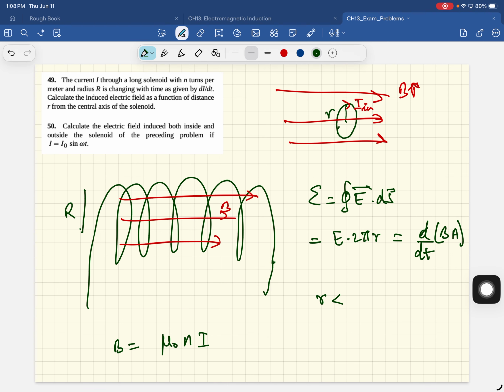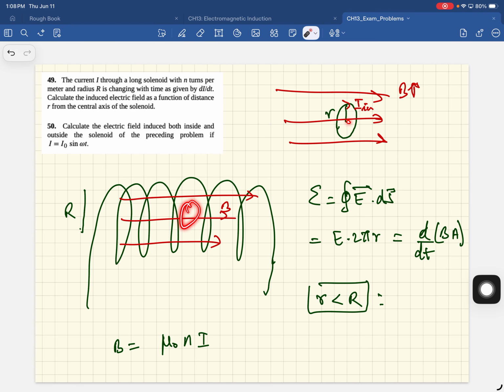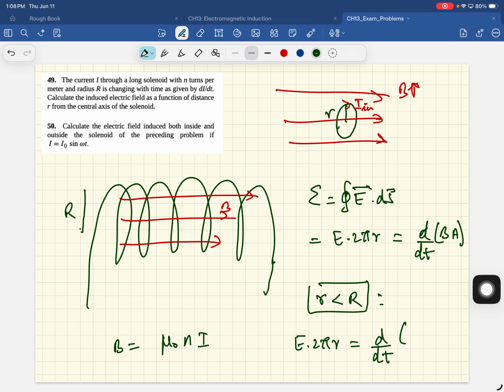The current in a long solenoid of radius 3 centimeters is varied with time at a rate of 2 amperes per second. So di by dt is 2 amperes per second. A circular loop of wire of radius 5 centimeters and resistance 2 ohms surrounds the solenoid.